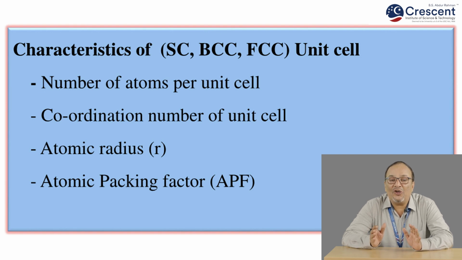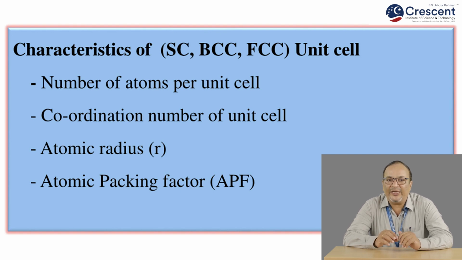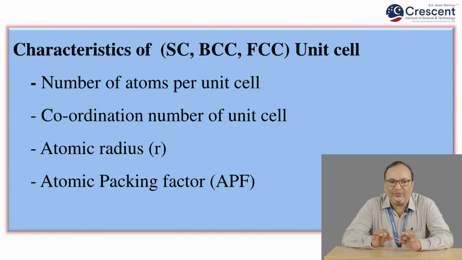Number of atoms means how many atoms are present inside the unit cell, which we can calculate. Coordination number is nothing but, you take any reference atom and calculate how many equidistant atoms that particular atom has in a structure. Atomic radius is half the value of the interatomic distance, and atomic packing factor is the ratio of the volume occupied by the atoms within the unit cell to the total volume of the unit cell.